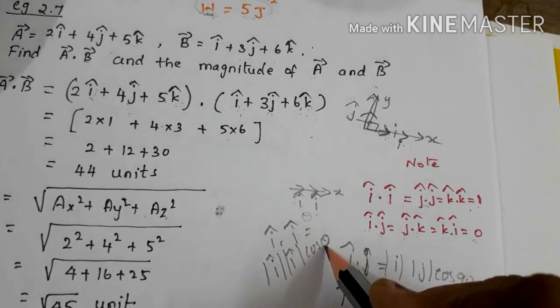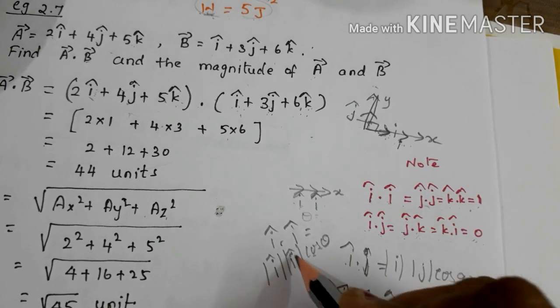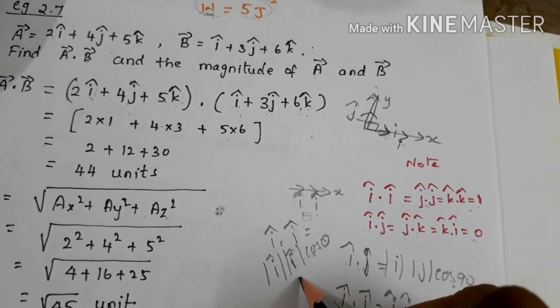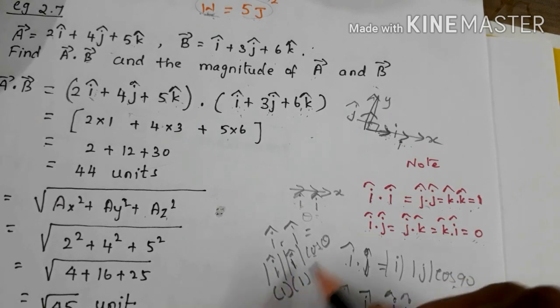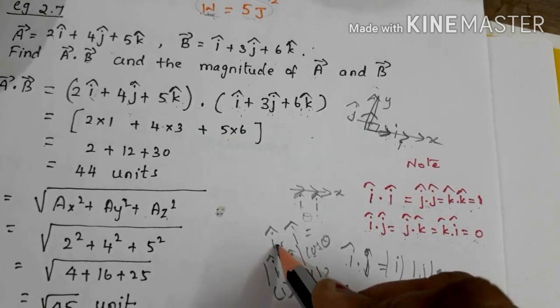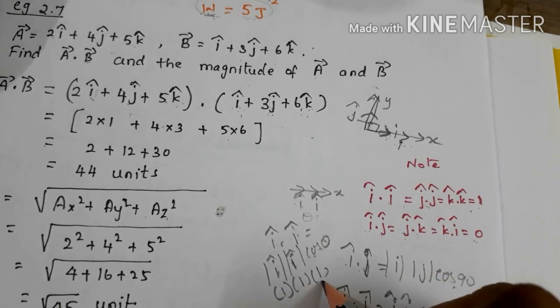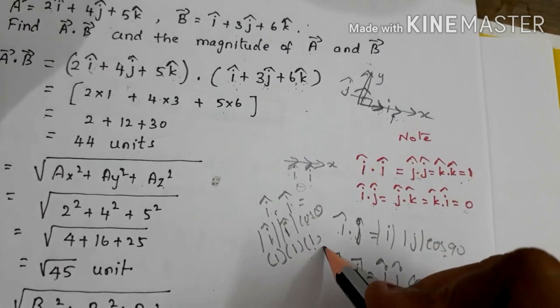Cos 0 is 1, and the modulus of i cap, a unit vector, is also 1. So i dot i is 1. Okay, children, i dot i is 1.